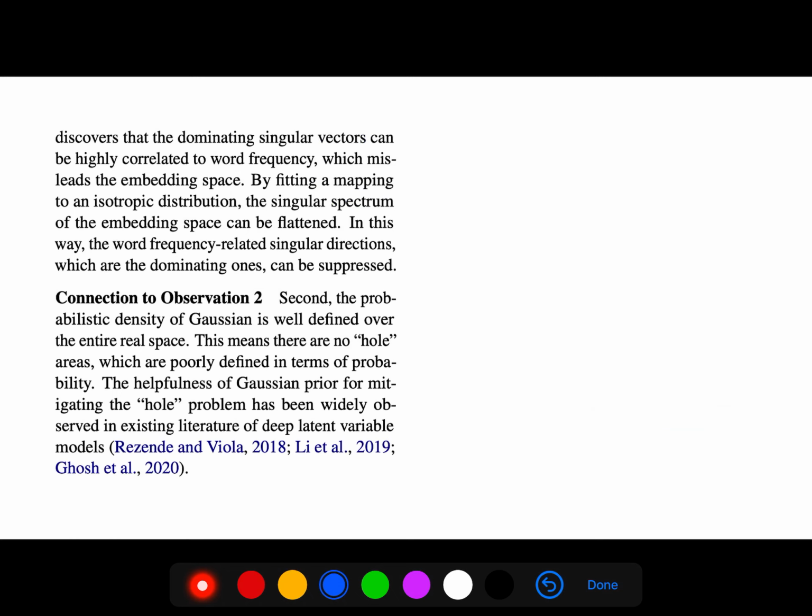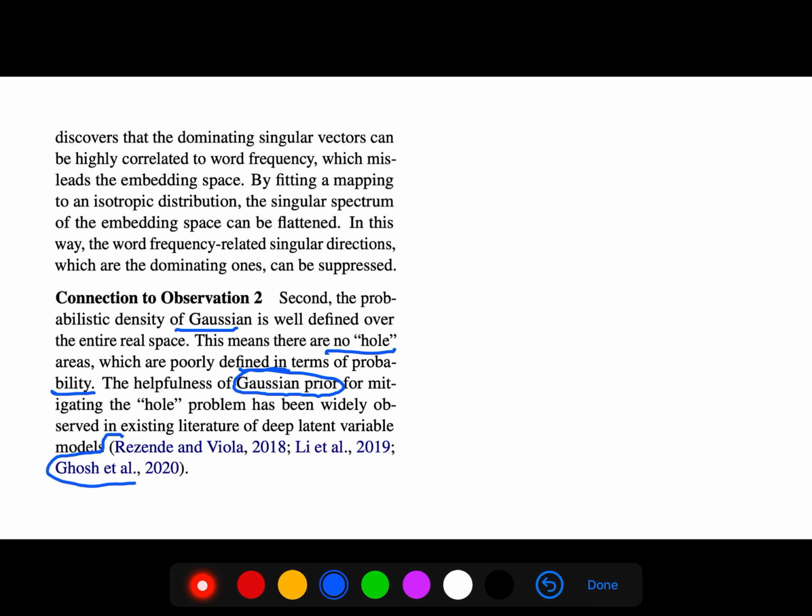The good thing about the probability density of a Gaussian is that there are no hole areas which are poorly defined in terms of probability, and the helpfulness of the Gaussian prior for mitigating the hole problem has been widely observed in existing literature of deep latent models.